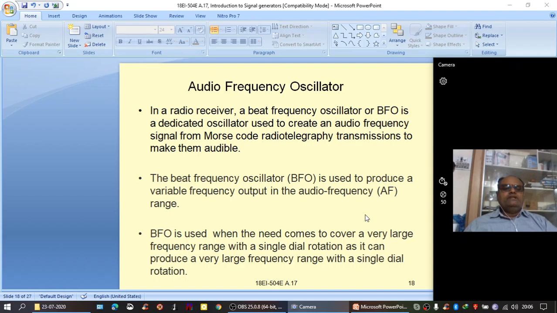When the requirement comes to vary the frequency over a wide range using a single dial rotation, it can be performed using the beat frequency oscillator.